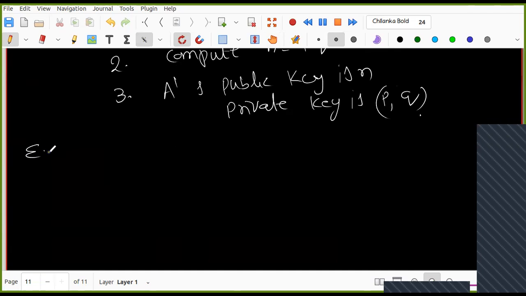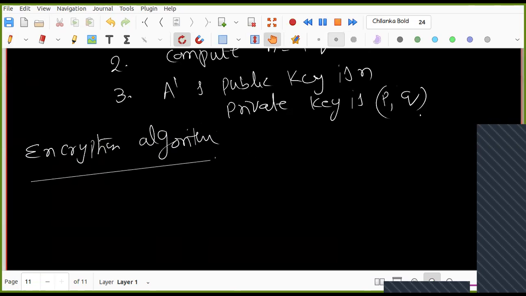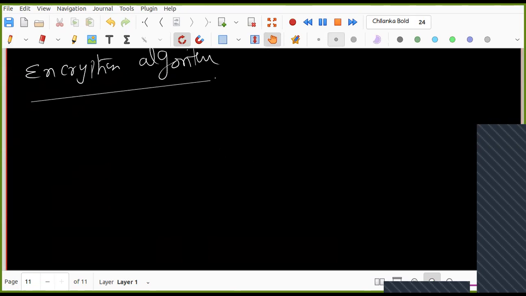Encryption algorithm. The encryption algorithm goes like this.